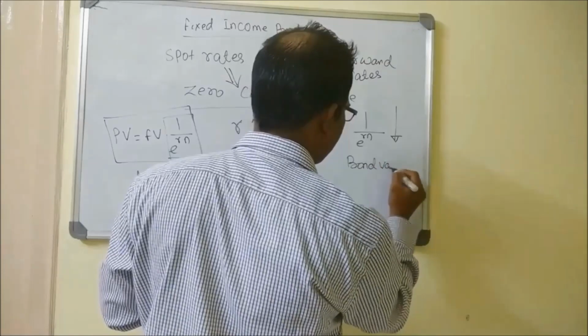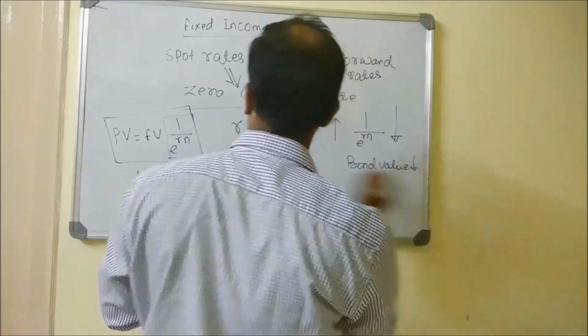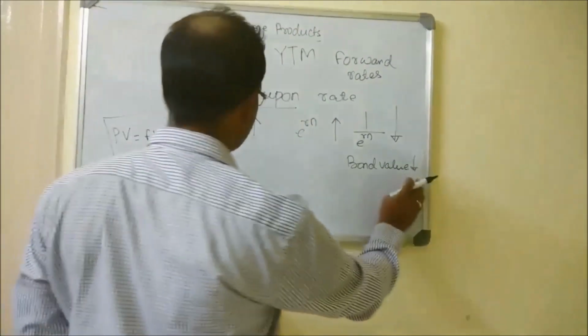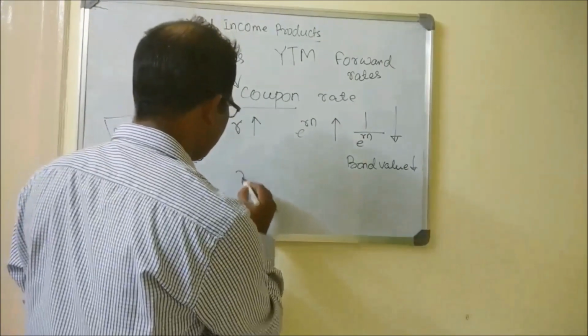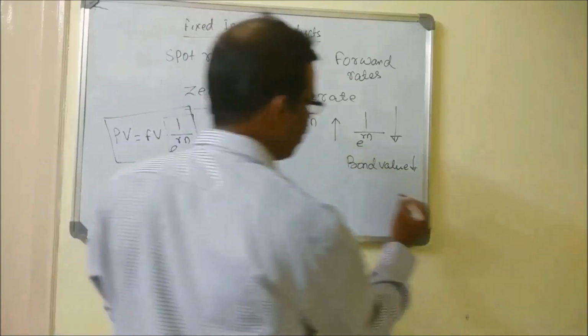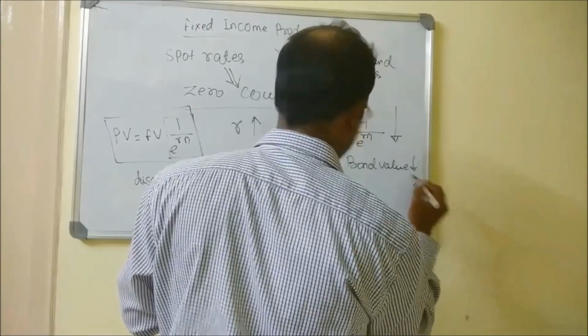That's why we say that when interest rate goes up, bond value goes down. Now it will be the reverse: if the interest rate goes down, then bond value will go up.